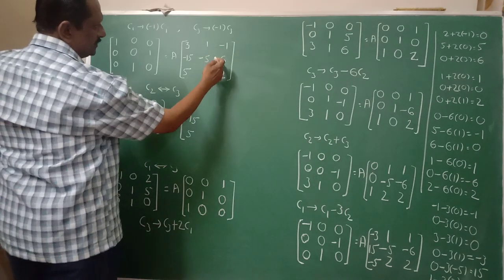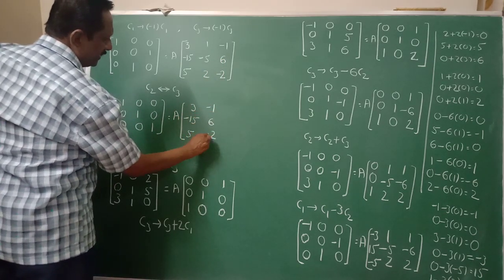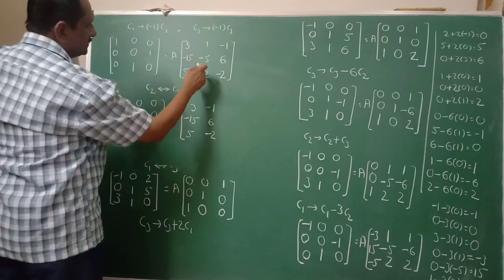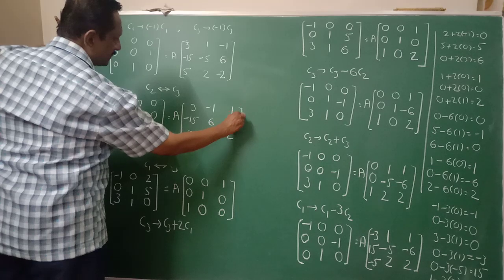Interchanging these two gives minus 1, 6, minus 2, then 1, minus 5, 2.